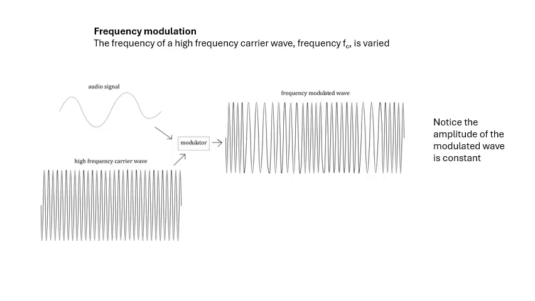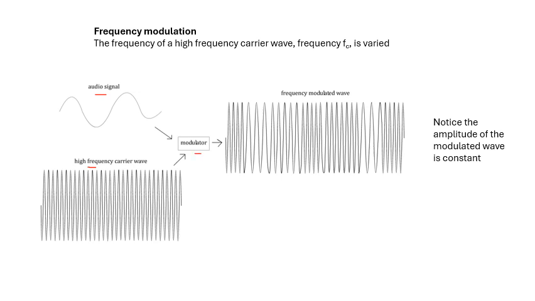Now, frequency modulation. This is a bit more complicated, okay? And basically what we do is we change the frequency of a high frequency carrier wave. Yeah, the frequency of a high frequency carrier wave is varied. If we look at the high frequency carrier wave, there's the audio signal.